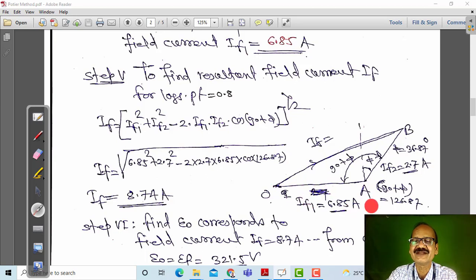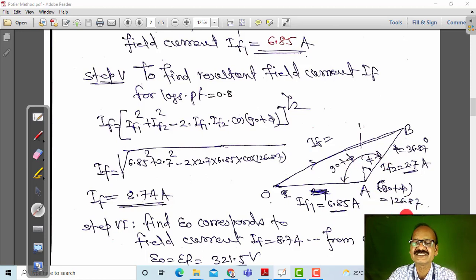Then from point A draw the vertical dotted line. We have to follow the same procedure that is used in the MMF method. Then AB is nothing but IF2, that is 2.7 ampere, and draw this AB lagging the vertical line by an angle phi equal to 36.87. Now join OB, which is the resultant field current.